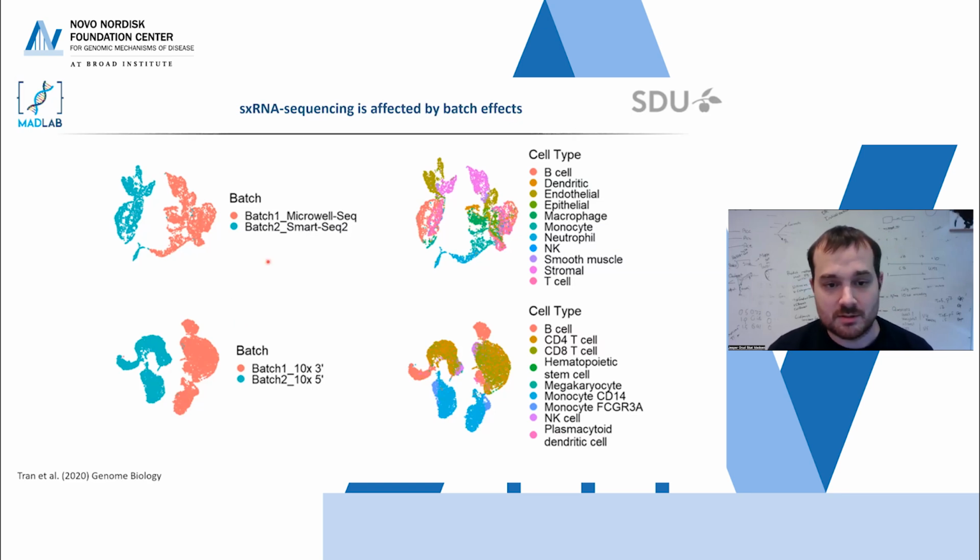And if we look at the cell type labels, we can see that the same cell types are actually also separated by batch. So for example, here we have B cells that are separated in these two batches. So in order to enable all of these more advanced analysis, we need to take care of these technical effects or nuisance factors, if you will. And the way we do this is that we use batch correction methods.